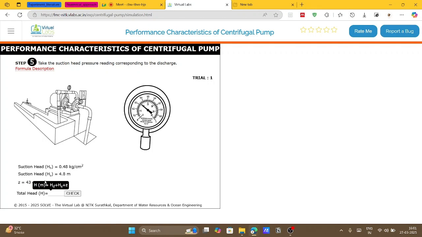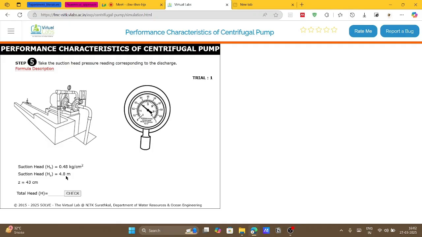So this looks fine, but the total head calculation should not be HD plus HS, it should be HD minus HS plus Z, where HD should be higher than HS. Generally it is higher than the HS, right? But here it's wrong. Here they are doing the summation, which is not correct.